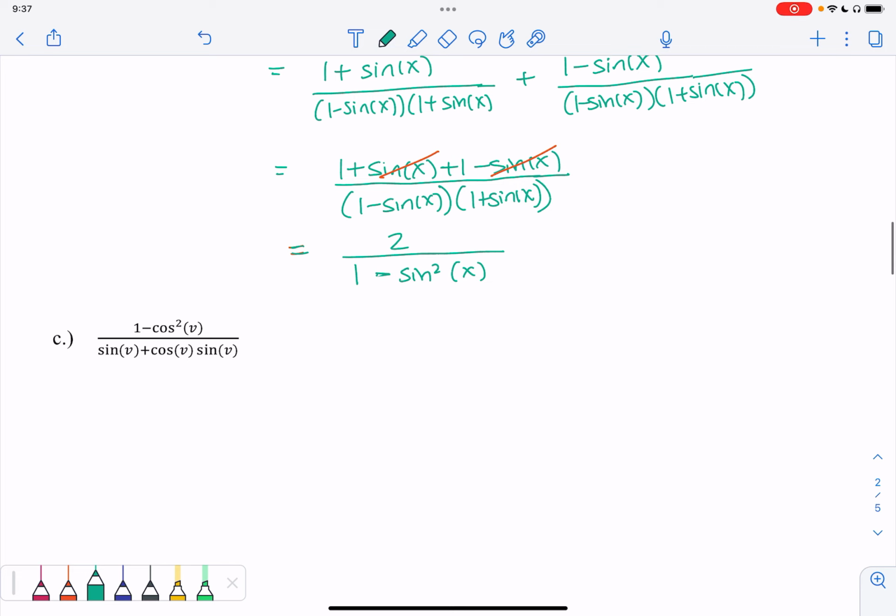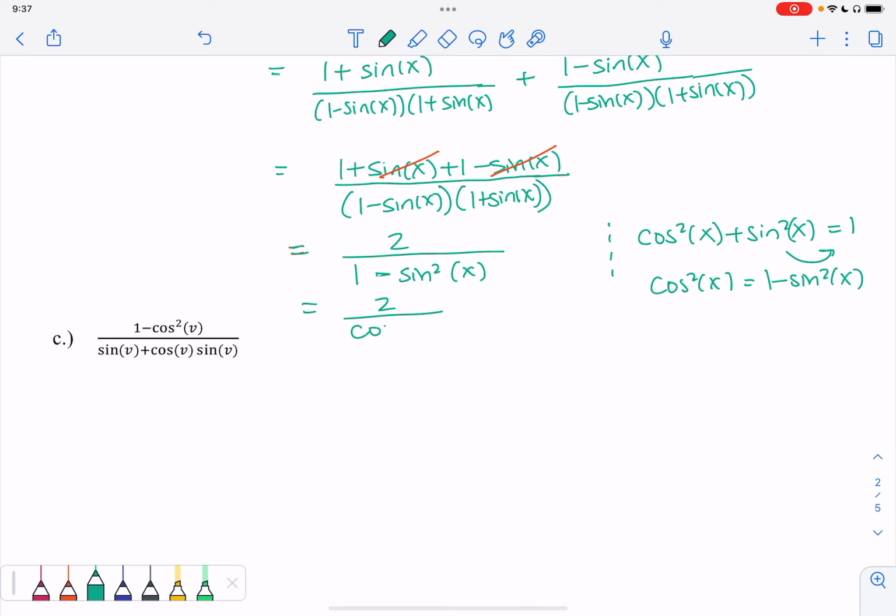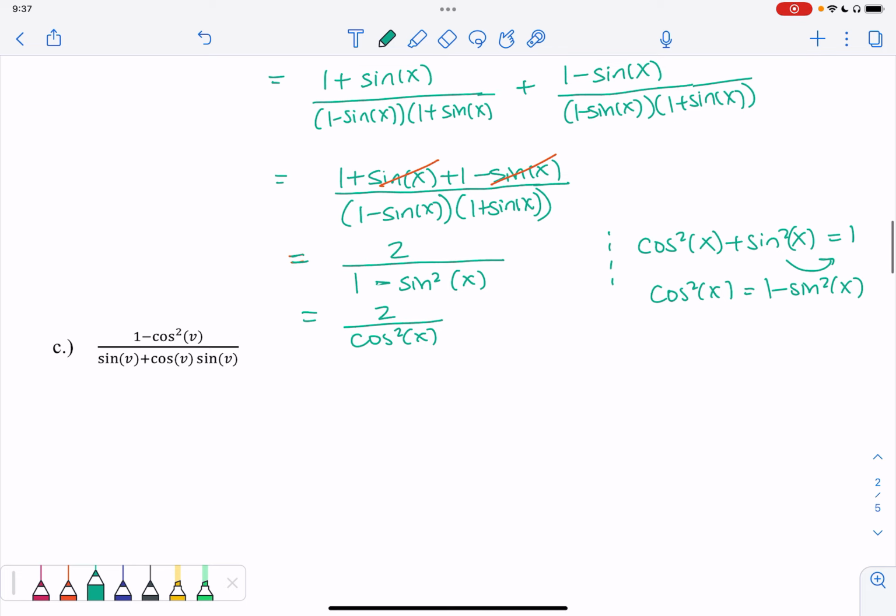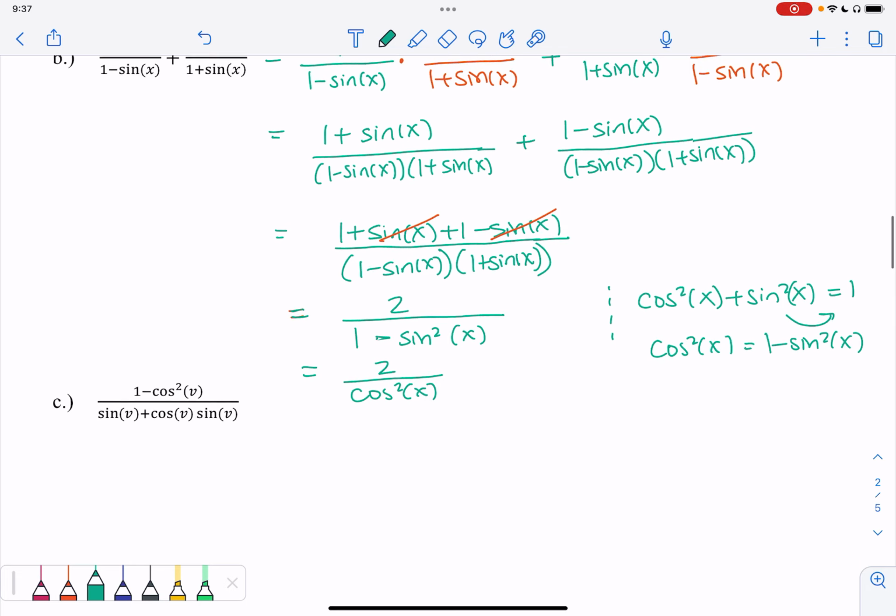From my Pythagorean identity, cosine squared x plus sine squared x equals 1, if I subtract sine squared x from both sides, I get cosine squared x equals 1 minus sine squared x. So I replace that and get 2 over cosine squared x. That is a little more simplified than what I started with.